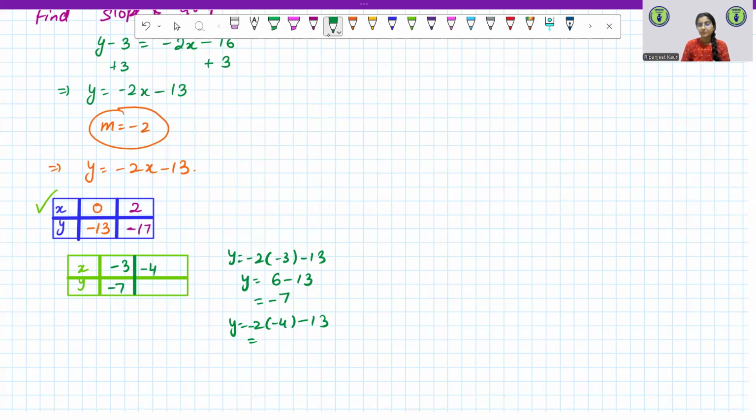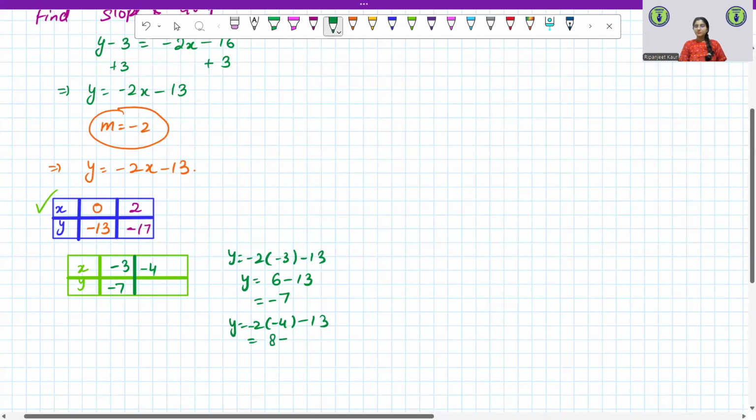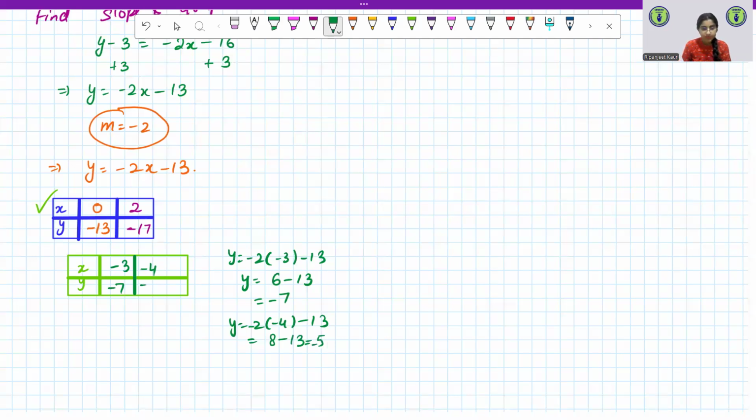Y equals negative 5. So it's a negative 5 here.